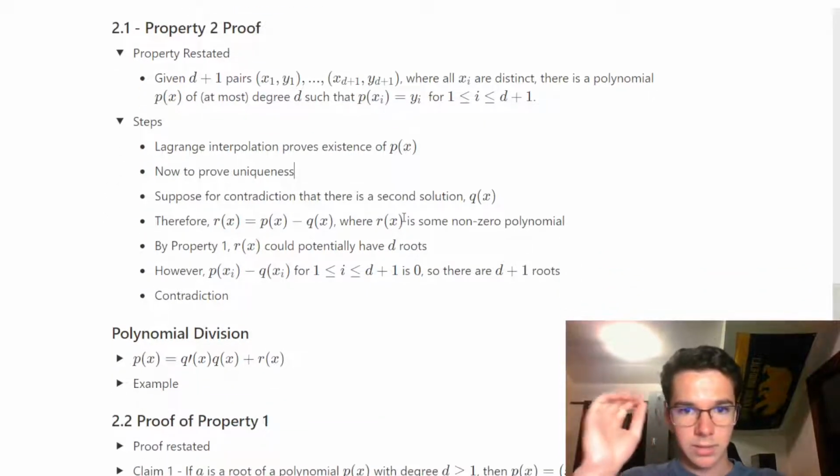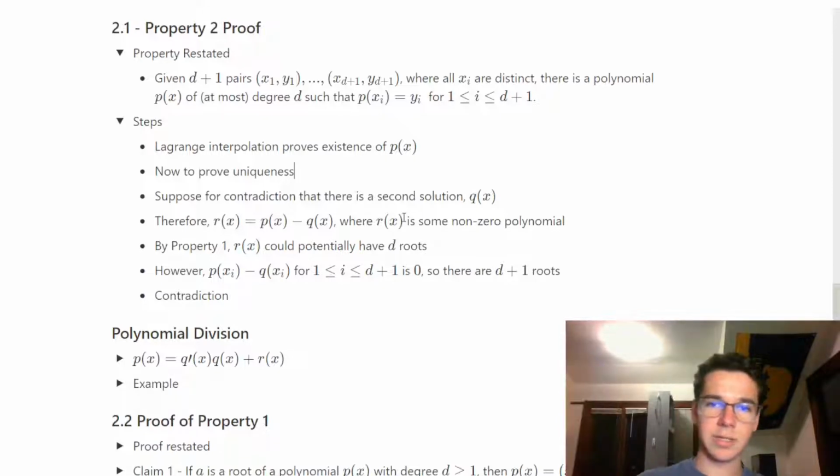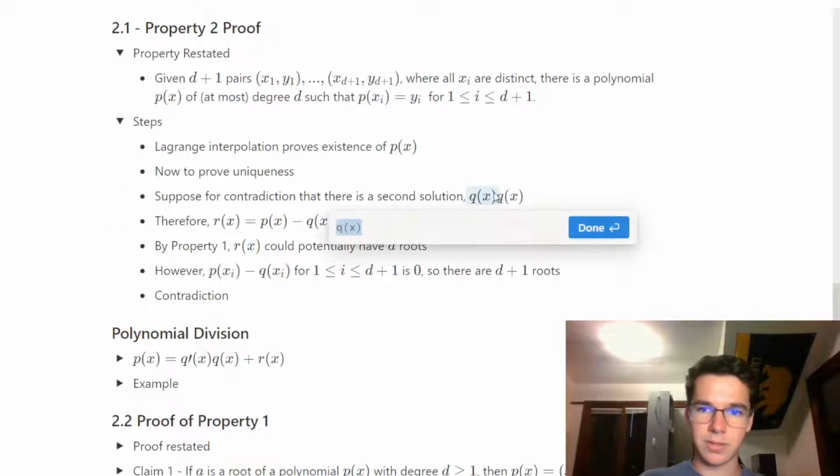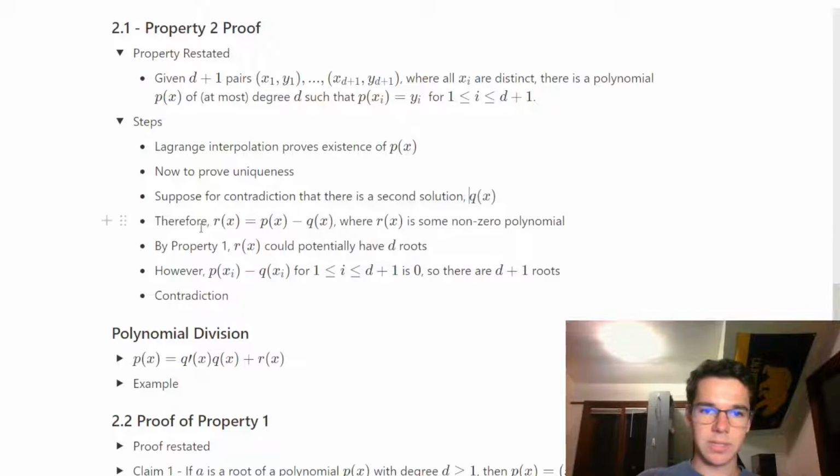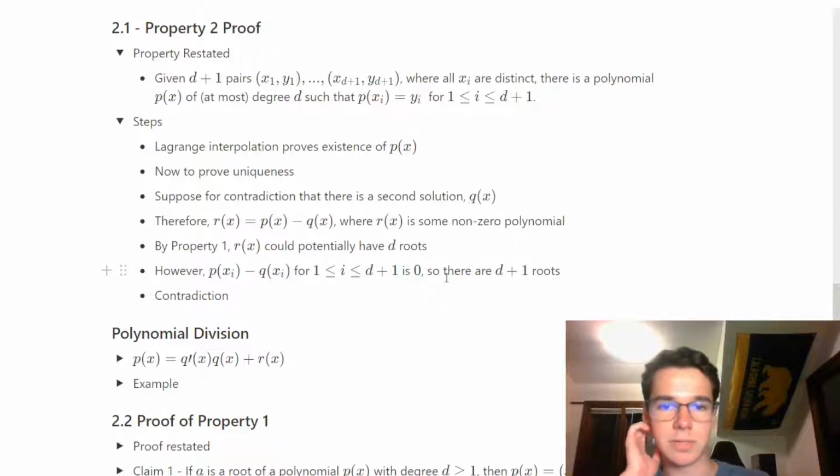So first off, we're going to suppose for contradiction that there is a second solution. We'll just call it q of x in this case. So that means that r of x, you can think of it sort of like the remainder, is going to be equal to p of x minus q of x, where r of x is some non-zero polynomial. And by property 1, r of x could potentially have d roots.